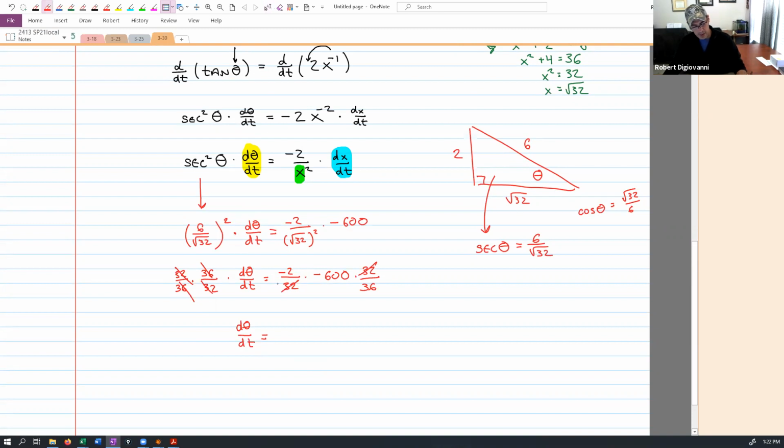These 32s cancel. 2 goes in 2 once, 2 goes in there 18 times. So I'm getting like 600 over 18, which as a decimal is approximately 33.33 repeated.